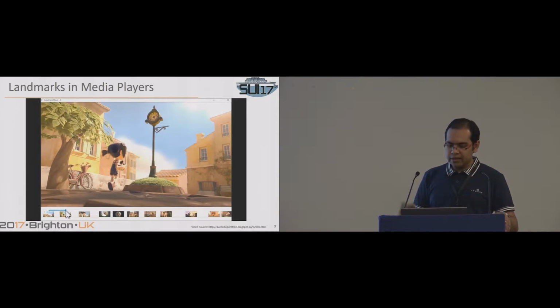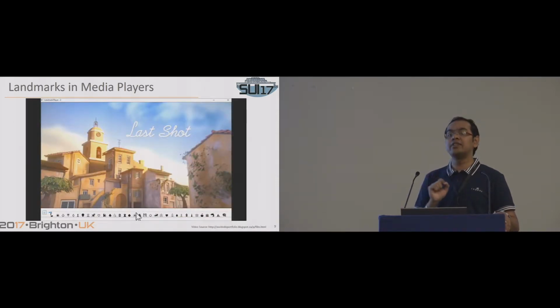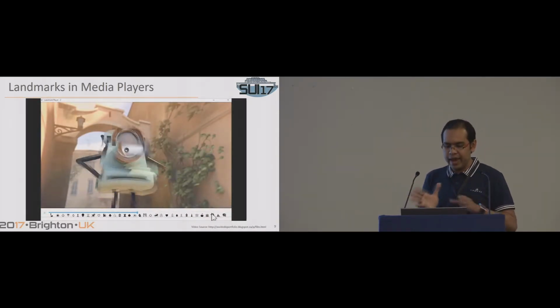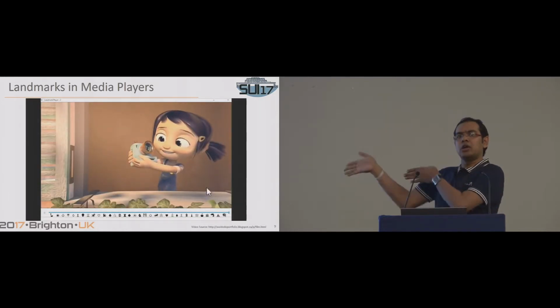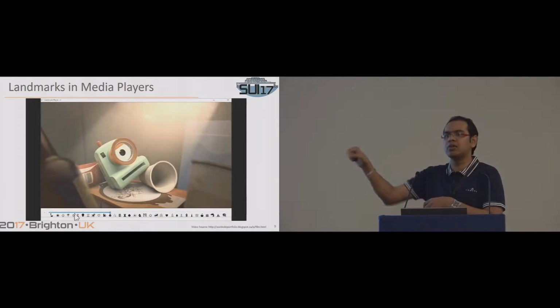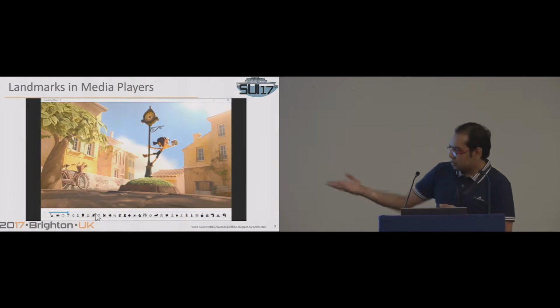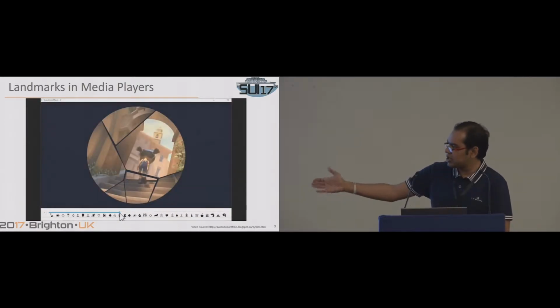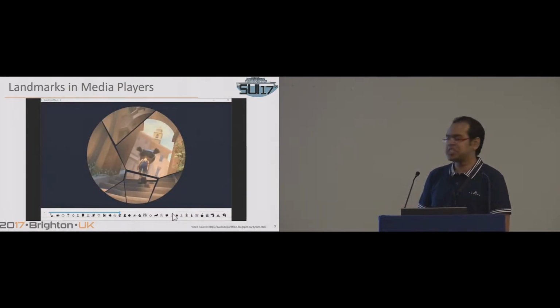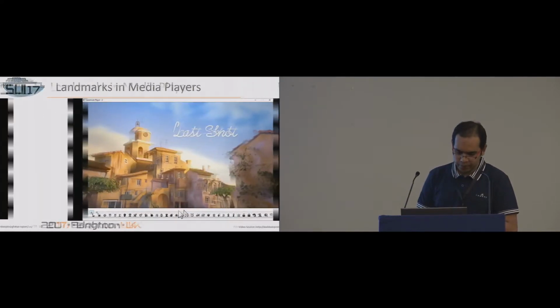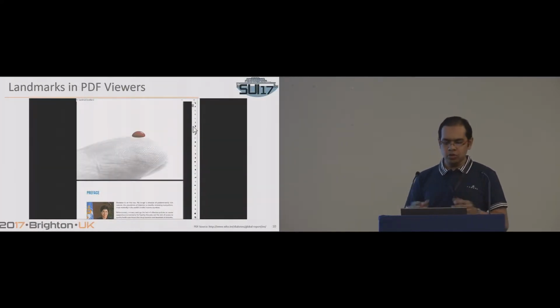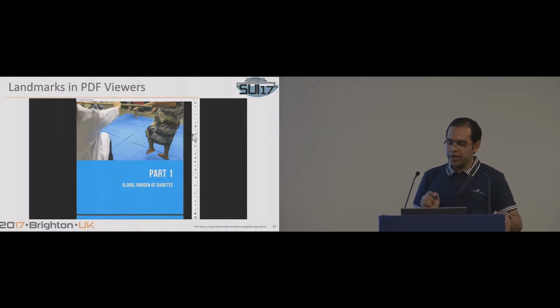The intention was that the landmarks will provide clear reference points so that users can remember a location and directly go to those positions simply by clicking on them. As you can see at the bottom, the user is clicking on a location and going directly to it. Similar to the media players, we augmented the PDF viewers with artificial landmarks.